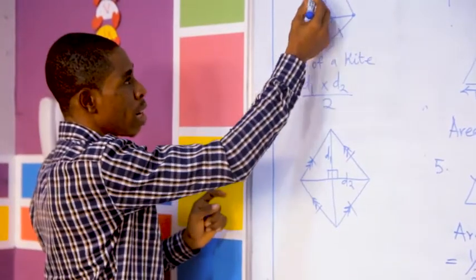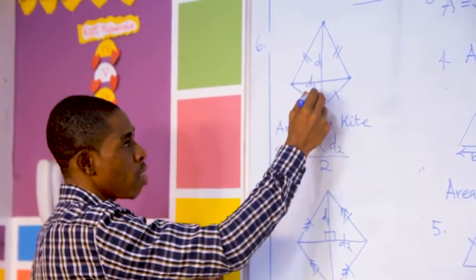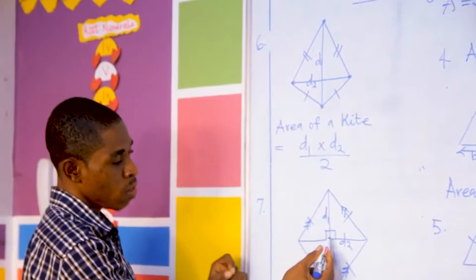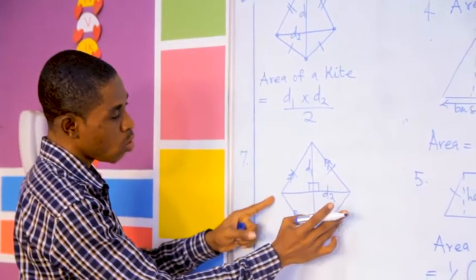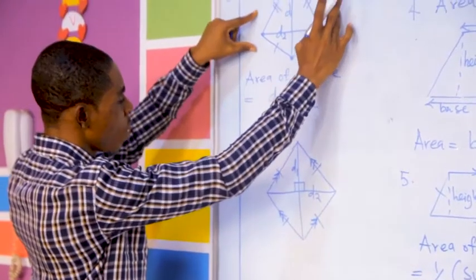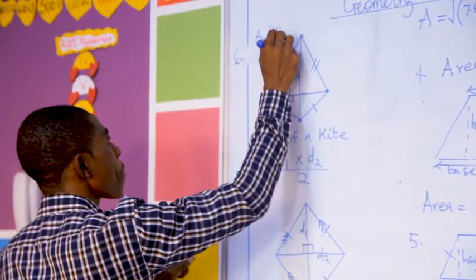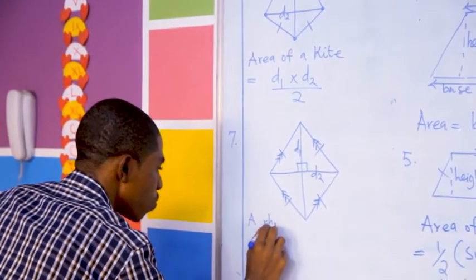Adjacent sides are equal, lateral sides are equal. Diagonal 1 does not bisect diagonal 2, even though it does, but we are not told it's a perpendicular bisector. But it's told to us here. And so the rhombus is different from the kite. Oh, sorry, this is a kite and this is a rhombus.